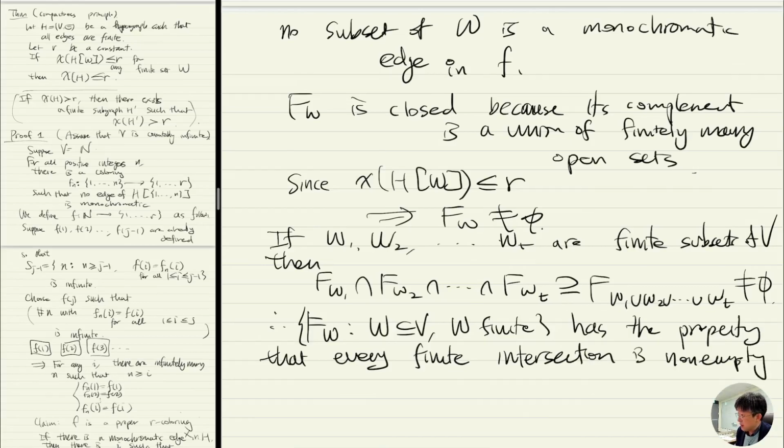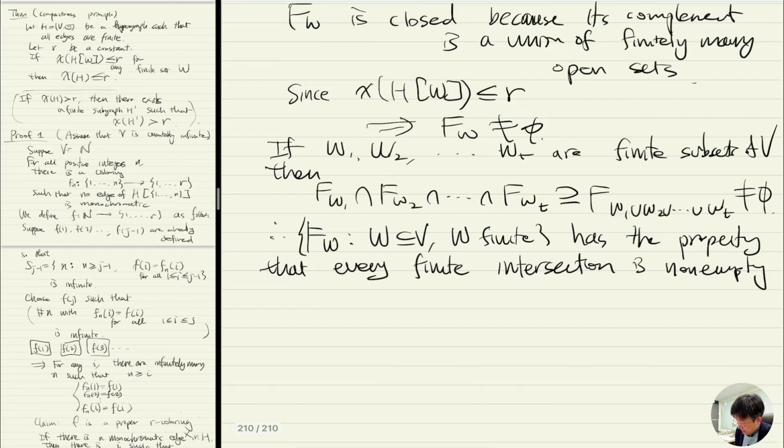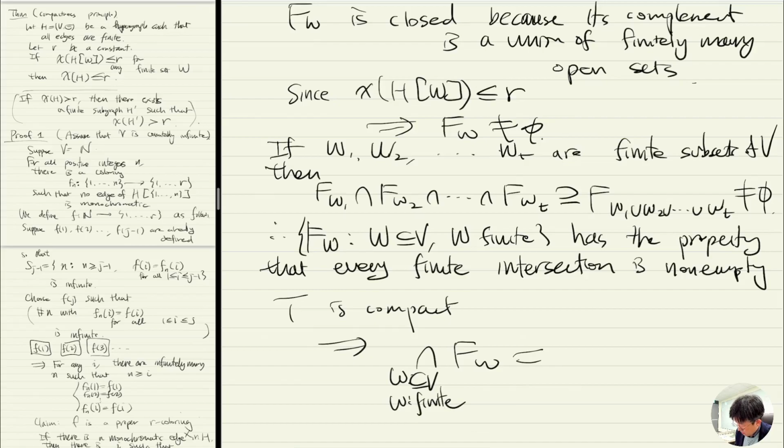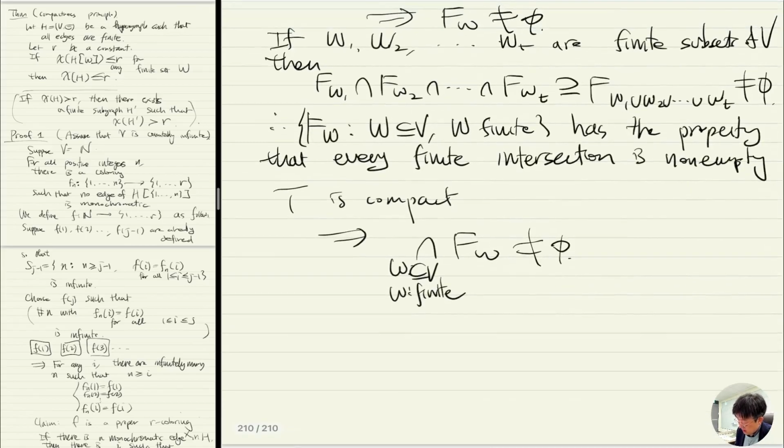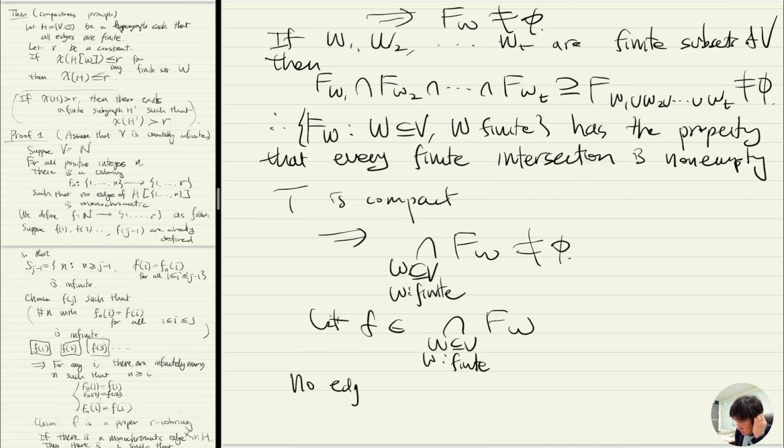All right, and T is compact. That means the intersection of all F_W is non-empty. So let F be in the intersection of all F_W, then no edge is monochromatic in F.